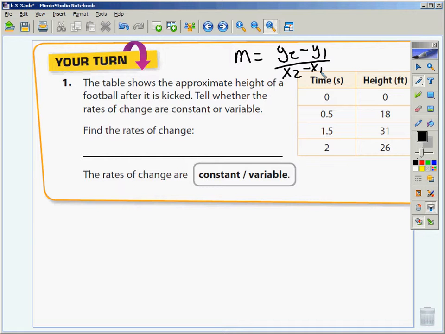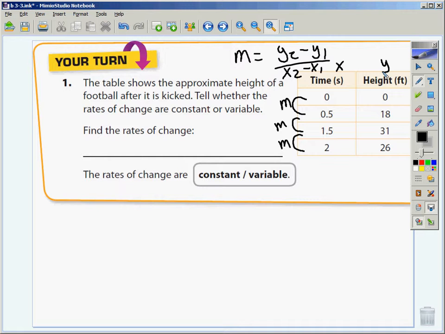If I want to decide whether the rate of change is constant or variable, I actually have to calculate the slope between each set of ordered pairs. Okay? X always comes first in a table.